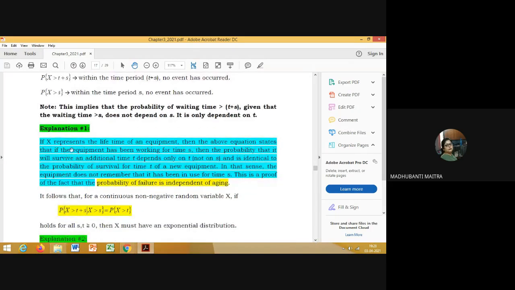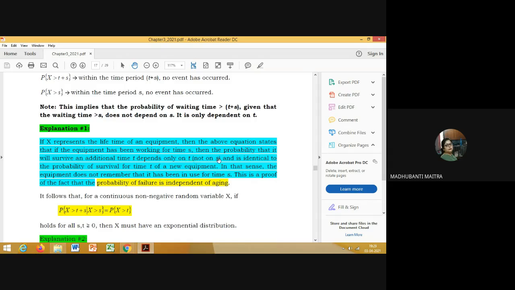So further explanation, how to explain this particular result. Let's assume that x represents the lifetime of an equipment. Then the above equation states that if the equipment has been working for time s, then the probability that it will survive an additional time t depends only on t and not on s.